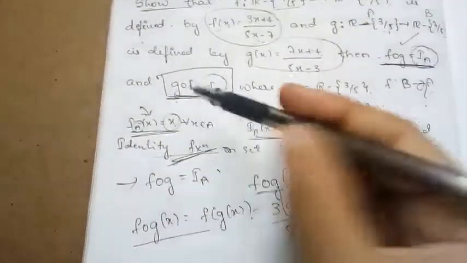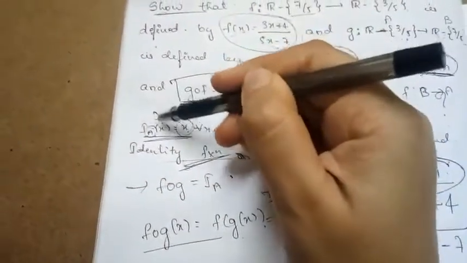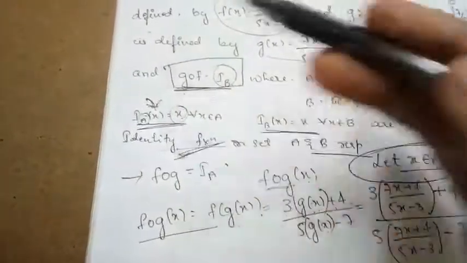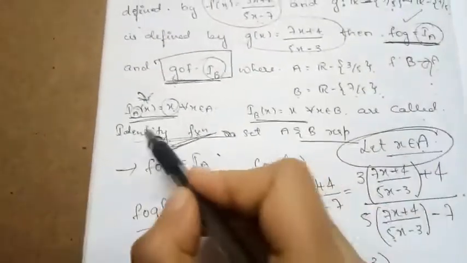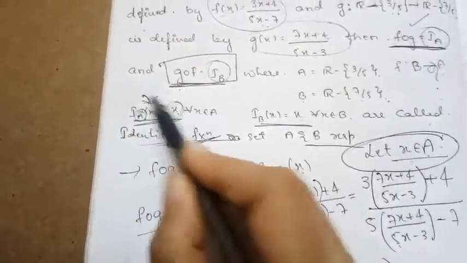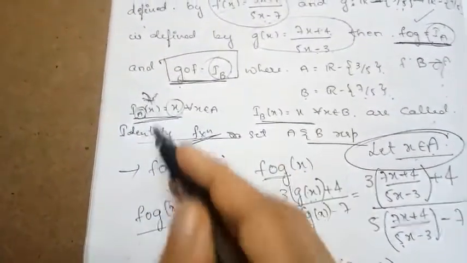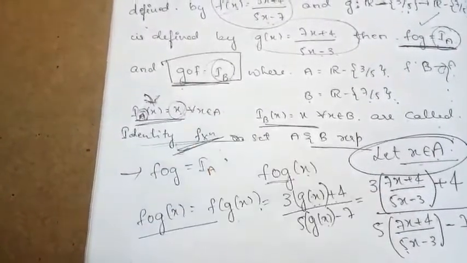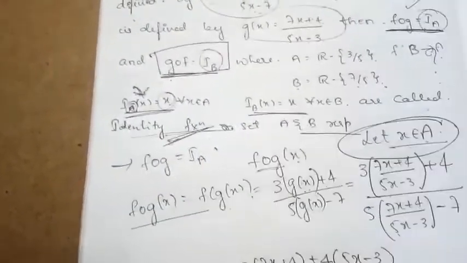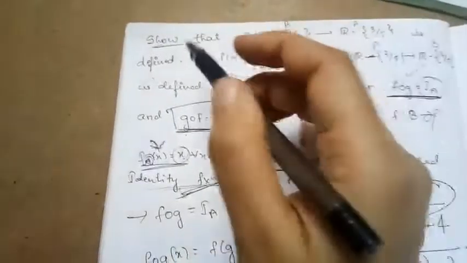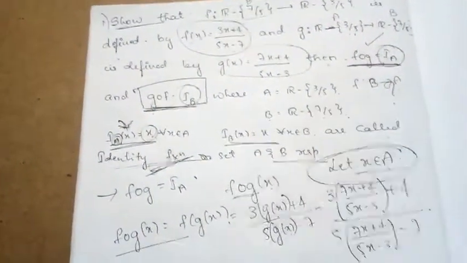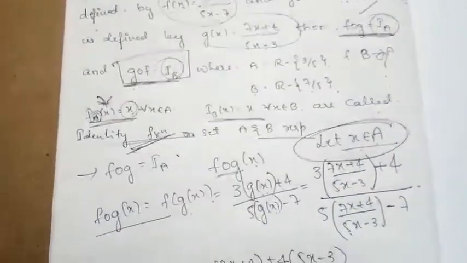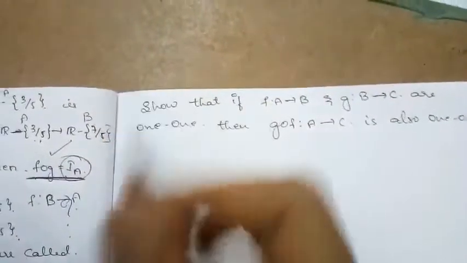Identity function means that the value you give as an input, if you get the same value as an output, such functions are called identity functions. Here A represents the set from which you have inputted the values, represented with the capital letter A. So this is regarding this question, where you learned one concept, the identity function, through this question. Let us come to the next question.